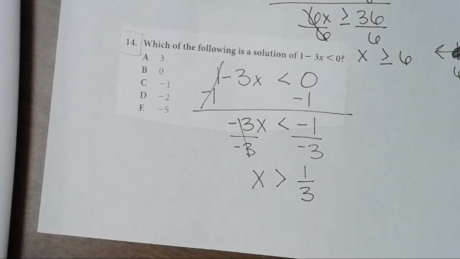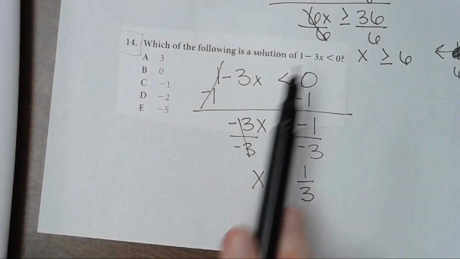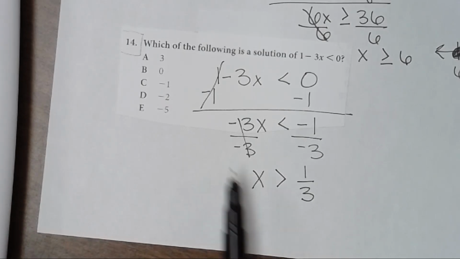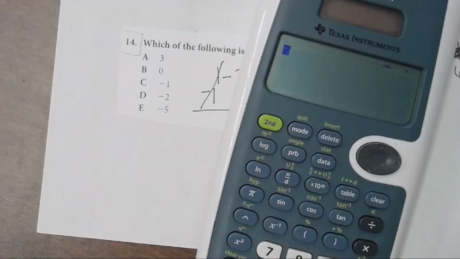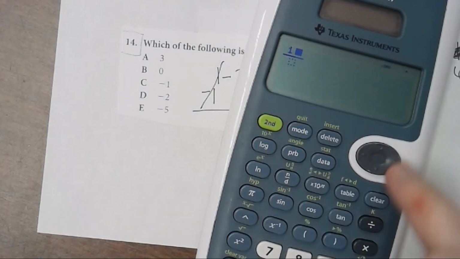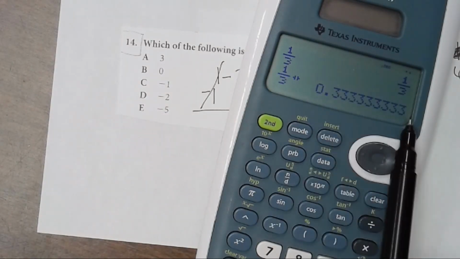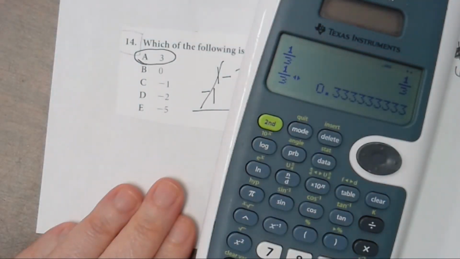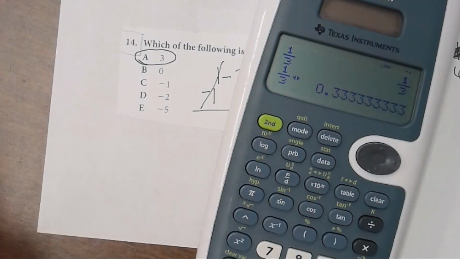Which of the following is a solution for this? So, which of these numbers is greater than 1/3? If you're having trouble with this, you can use your calculator and type in 1 over 3. Hit the toggle button, that's 0.33333. So the answer is going to be A. That is the only number here that is a positive number.